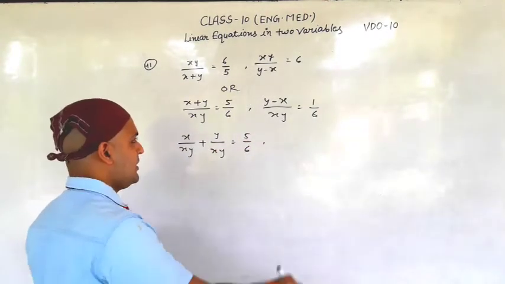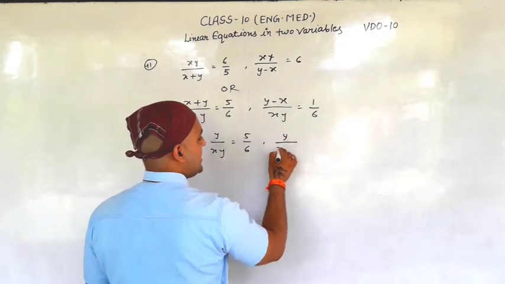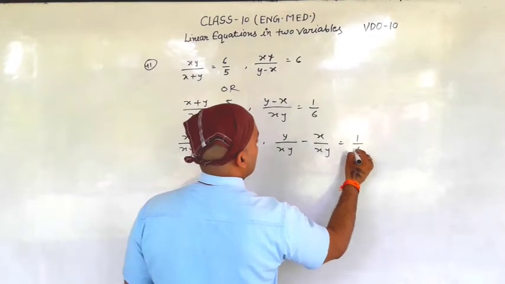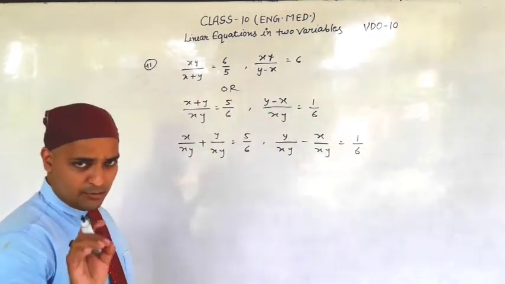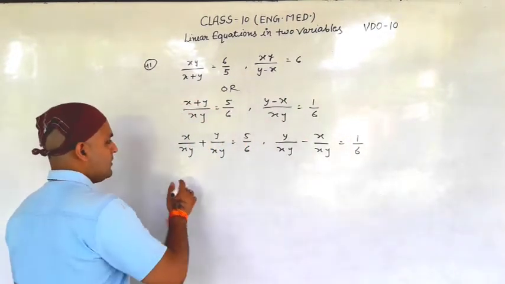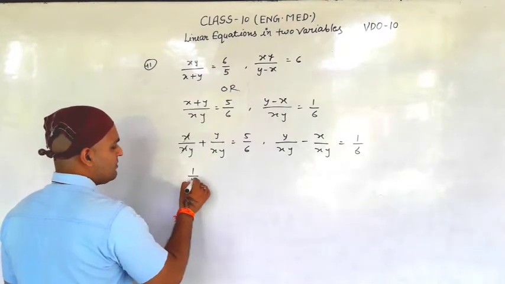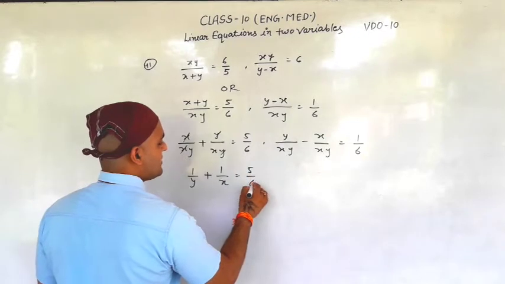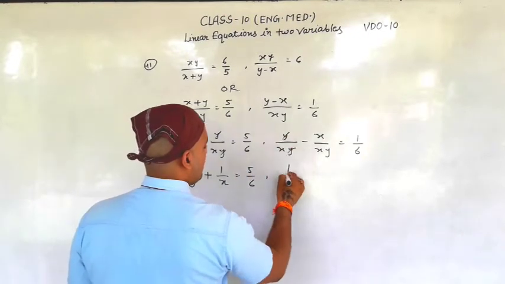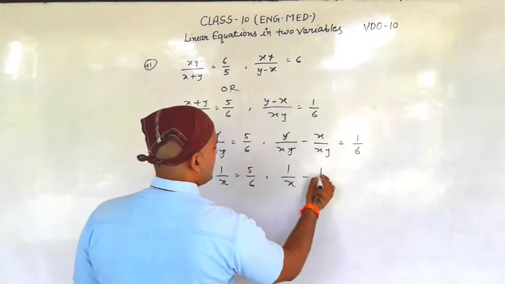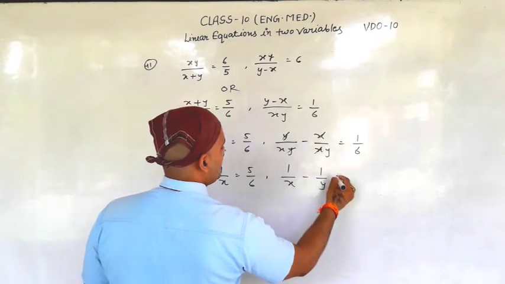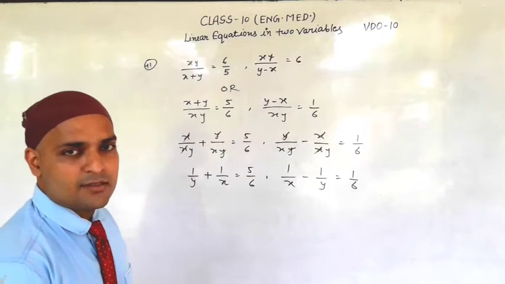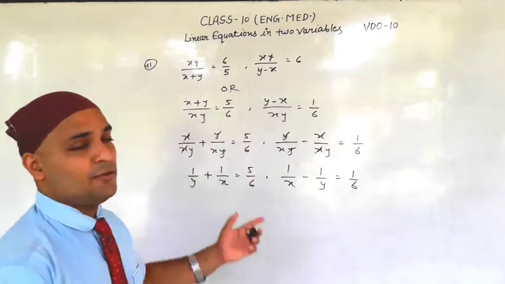Understand? And this will be written as y upon xy minus x upon xy is equal to 1 upon 6. So this is 1 by y plus 1 by x is equal to 5 by 6, and 1 by x minus 1 by y is equal to 1 by 6. This was the trick, these were the hints for question number 41.